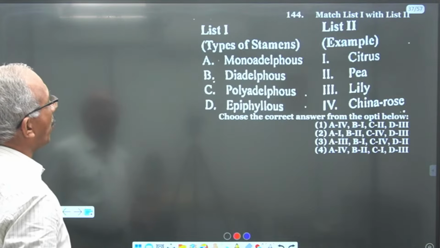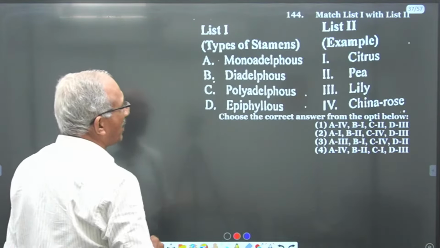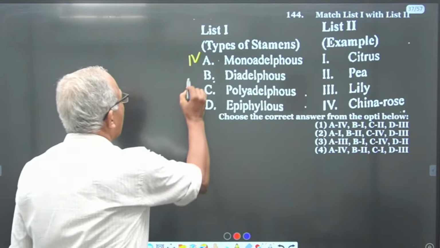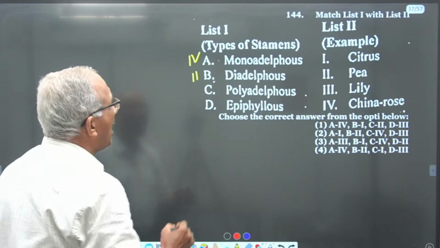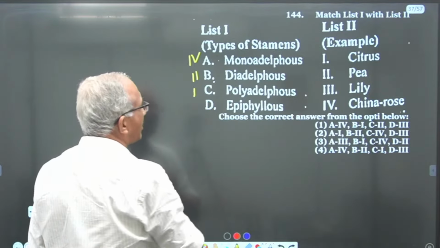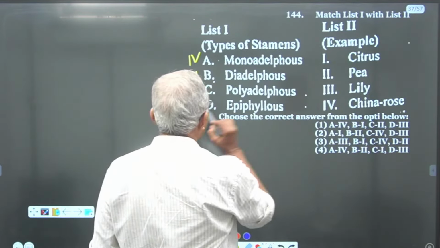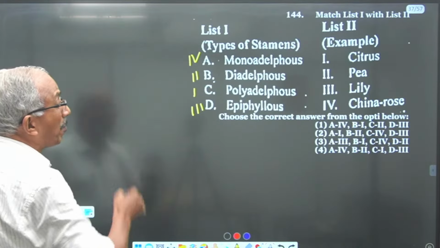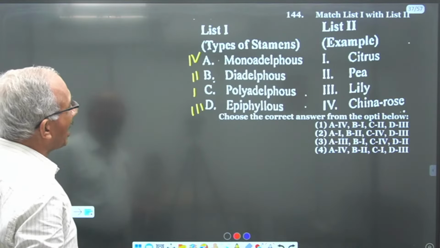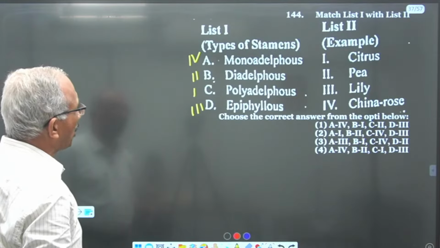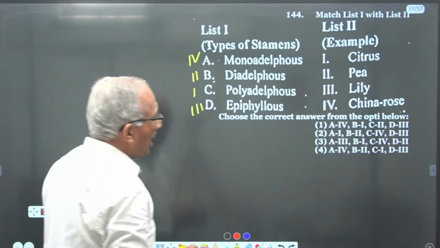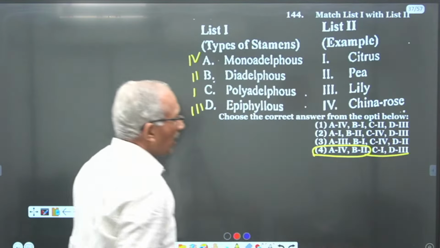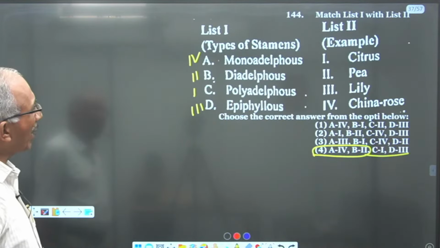Monoadelphous stamen condition can be matched with China rose, diadelphous with pea, polyadelphous with citrus, epiphyllous condition with lily, and pollination takes place above the surface of water in Vallisneria. A4, B2, C1, there is only one option, A4 B2, option 4, C1 D3.